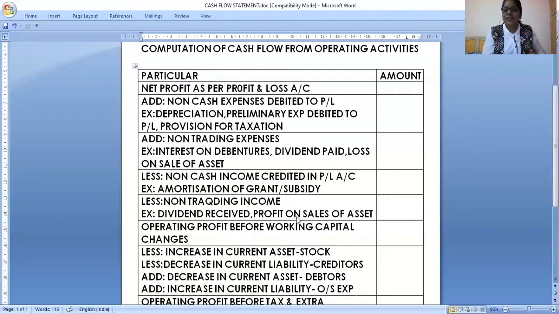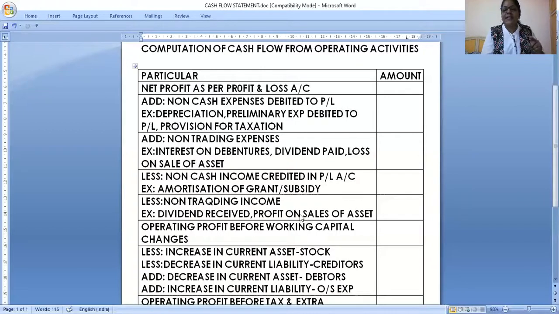Same way, profit on sale of asset. I want to give an example. WDV 30 rupees, the asset is sold for say 37. So how much sale value of the asset have you taken in the investing activity? 37. So the profit is already taken as an inflow in the investing activity along with your sale value, right? 30 plus 7, 37.